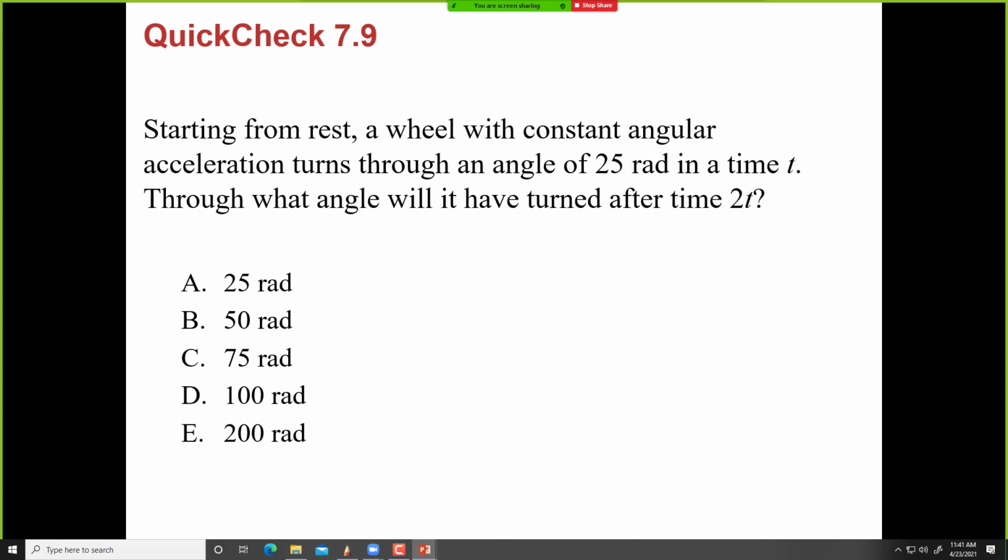So you can do basic math here. Starting from rest means omega i is 0. And theta is that, and angular acceleration is alpha.